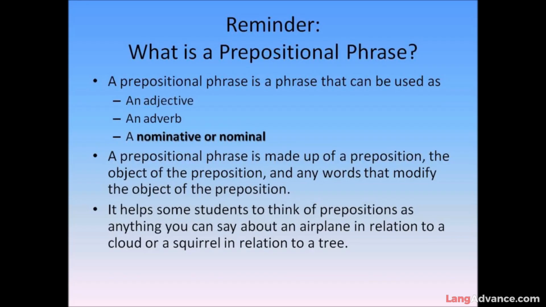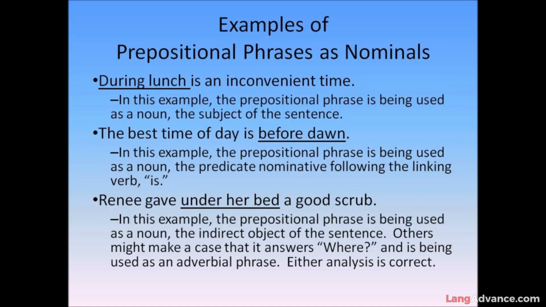So some examples of prepositional phrases as nominals, or used as nouns, are the following. During lunch is an inconvenient time. In this example, the prepositional phrase is being used as a noun, being used as the subject of the sentence. During lunch is being used as the time, as the thing itself.